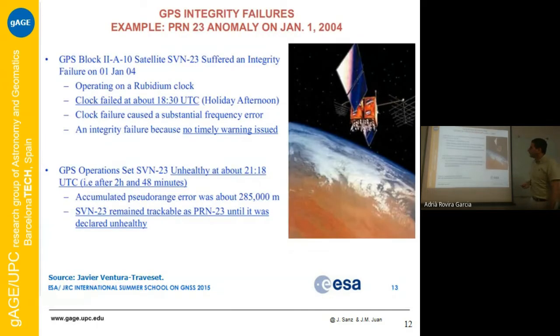Here we have an example of a failure that happened on the 1st of January 2004. So everyone was celebrating the new year of 2004, and then one of the orbiting satellites, at 6:30 UTC, so it was a holiday, during the afternoon of those holidays, one of these satellites had a problem with its clock.